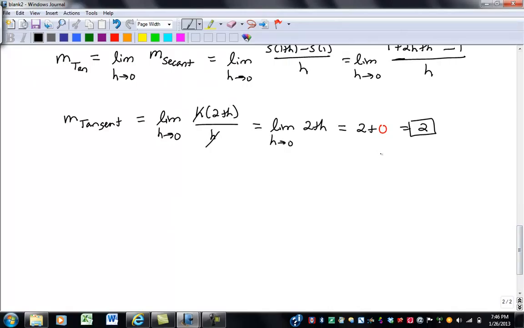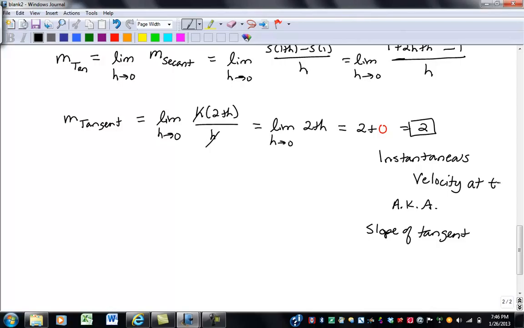This is called the instantaneous velocity. Also known as the slope of the tangent line. So this is at t equals 1. Let me rewrite that.